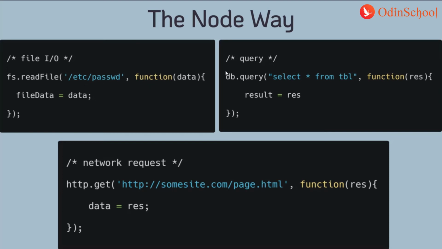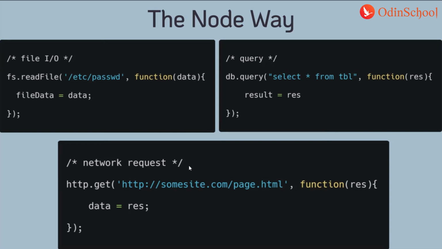Same over here. The node interpreter comes at this line db.query, select star from table. That command is passed to the database or the underlying APIs, and then node continues executing the next set of lines. And this function will be called when the query operation is done and we have the data ready.